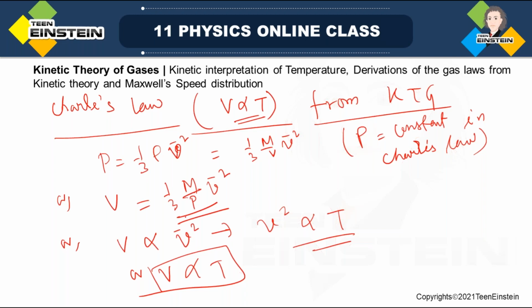So in the Charles statement, pressure is constant, then only this volume will be proportional to the kinetic energy or the average velocity square, and this is directly proportional to the temperature.